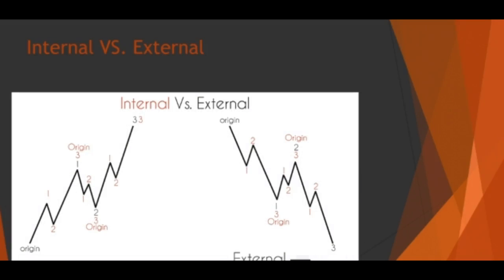So I drew this out for you guys, and as you can see down here, let me map out what you're looking at before I get right into it. Here's your map. This is your color coding. Your external is labeled in the grayish color, and your internal is labeled in red.